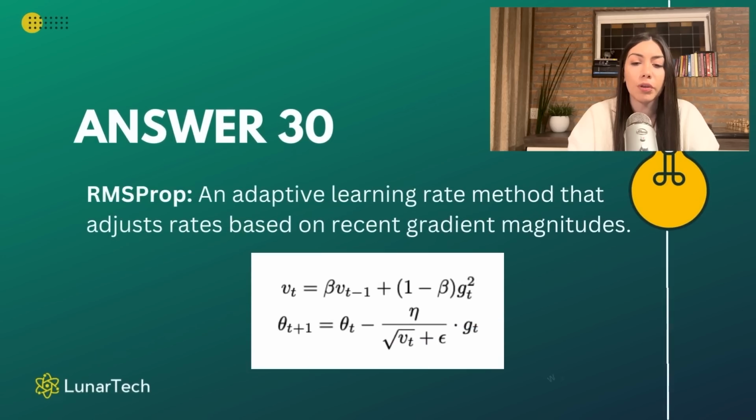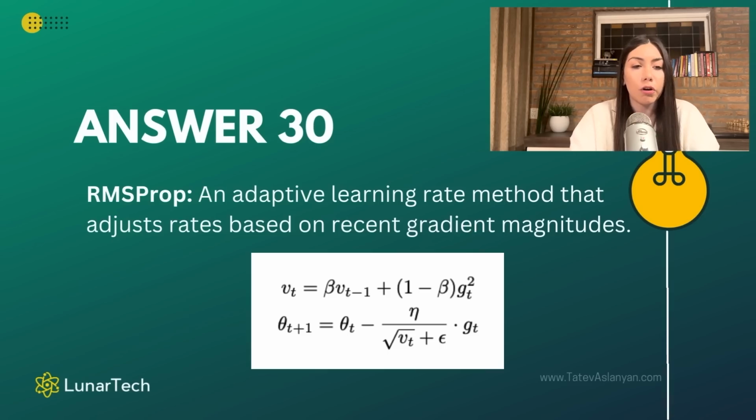So we just saw that RMSProp is one of the examples that can be defined as an adaptive optimization process. RMSProp stands for root mean squared propagation. And like GD, SGD, and SGD with momentum, it is an optimization algorithm that tries to minimize the loss function of your deep learning model to find the set of model parameters that will minimize the loss function.